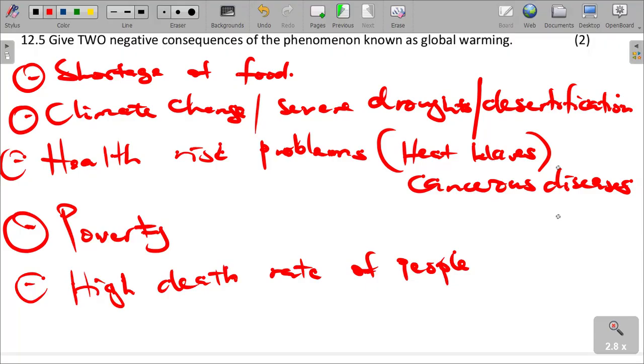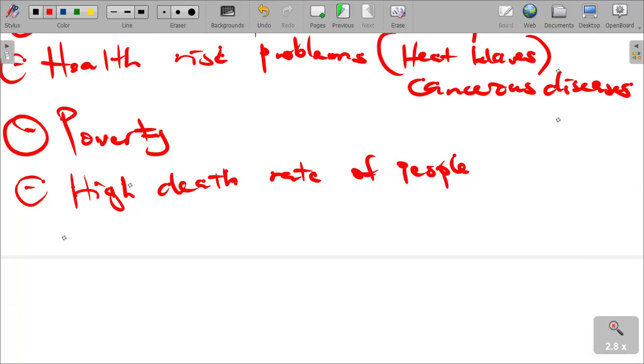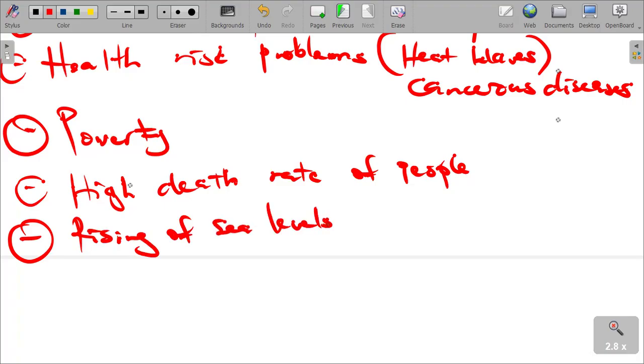You can also talk about rising sea levels, melting of glaciers, rising of sea level causing coastal flooding.